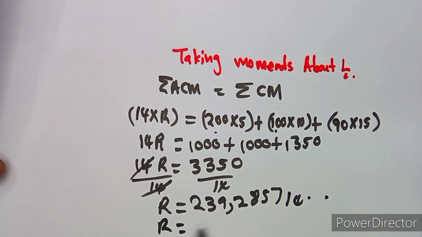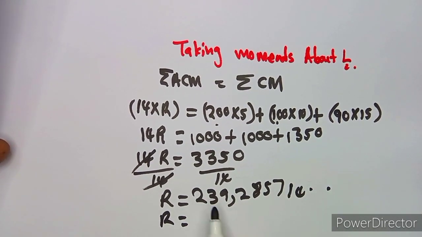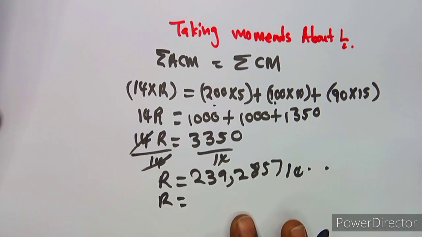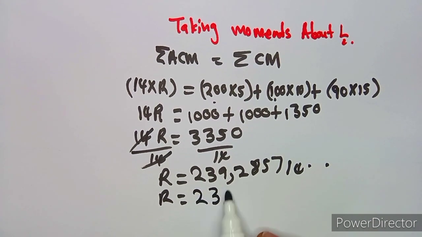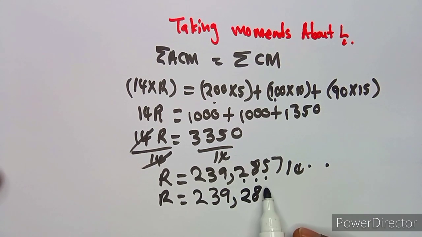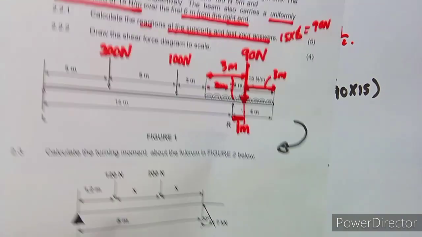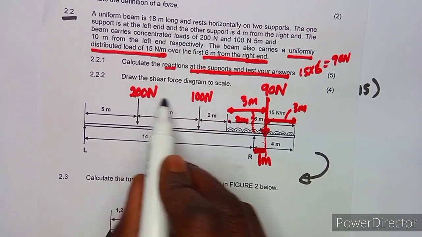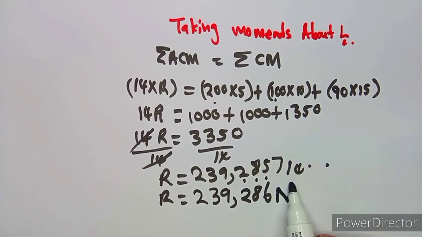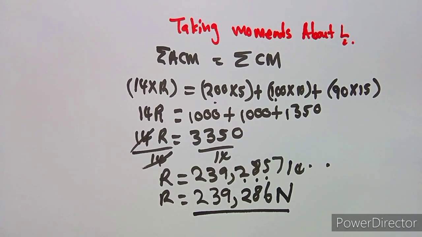You can round this to 3 decimal places, which is 239.286. That's your R, and these are newtons, guys. Everything is in newtons, not kilo, because the others are in newtons. So you're just going to leave it in newtons.